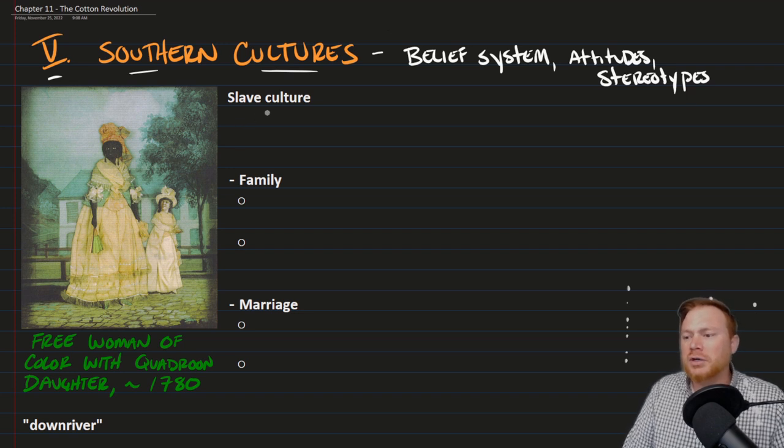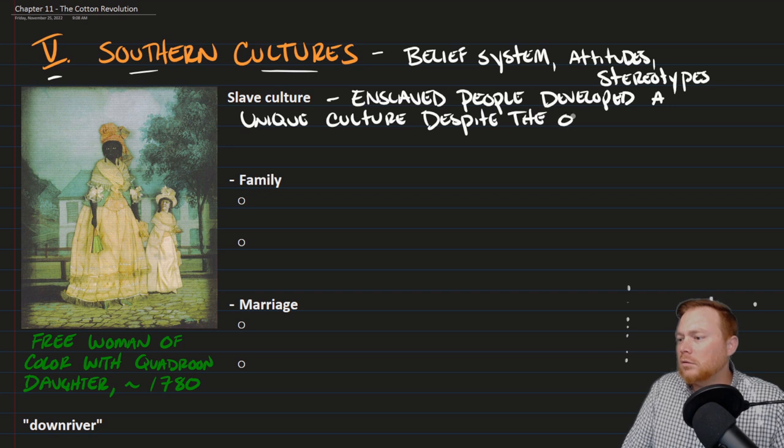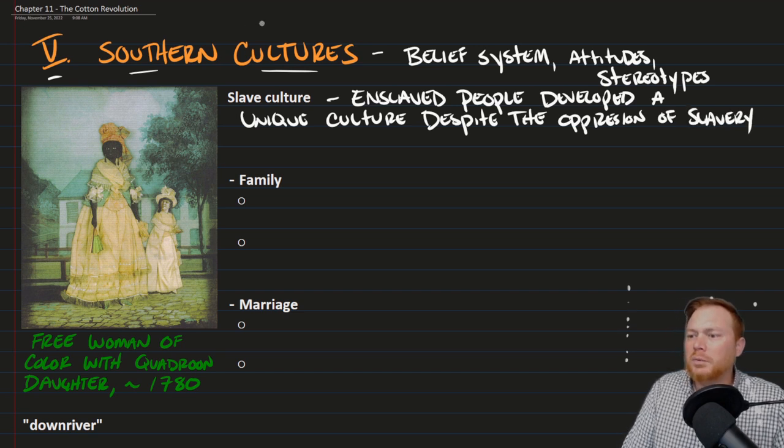So, beginning with the culture of enslaved individuals, we can say that enslaved people developed a unique culture despite the oppression of slavery. There are a couple of areas we can point to in identifying what that culture is.